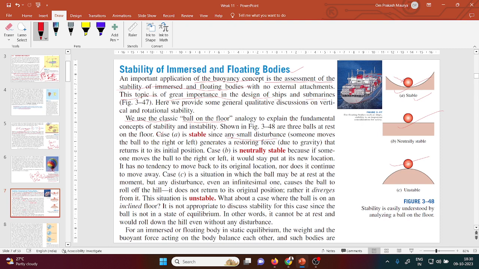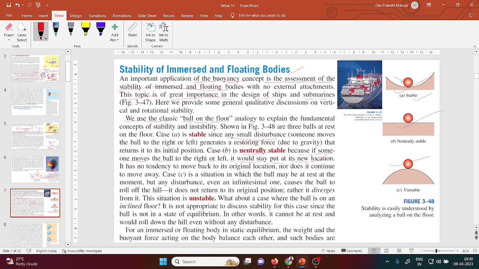Okay, what is written for B? In case B, it is neutrally stable. What is the meaning of neutrally stable? If someone moves the ball from right to left, it would stay put at its new location. If you apply the force from here, it will stay at this new location, not at the previous initial location. Regaining the initial position is not possible in the case of neutral stability. This is written here: it would stay put at its new location.